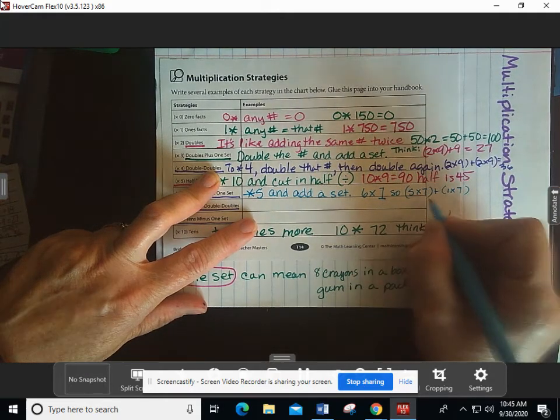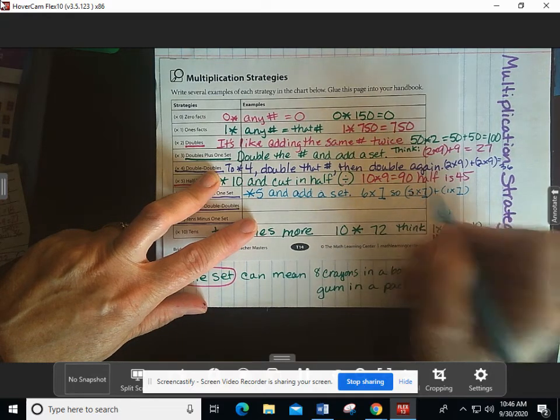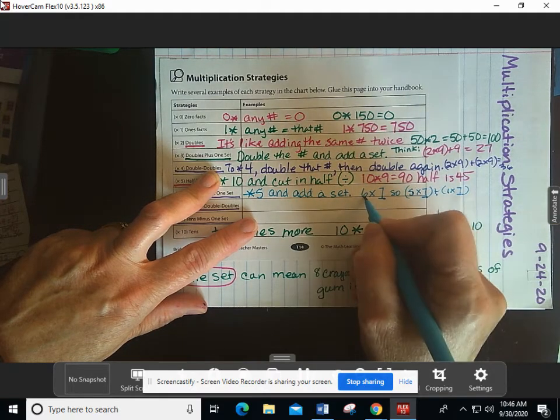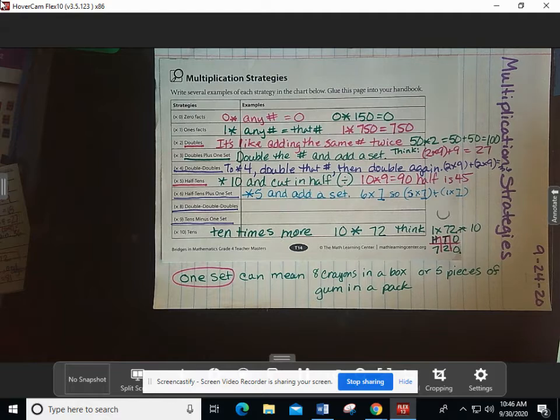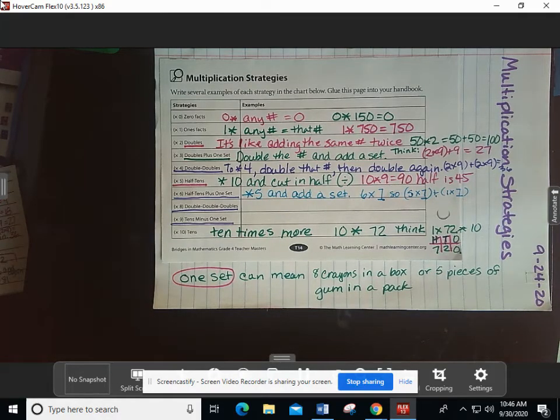See, here's our 7. There's our 7. Here's the 7 again. There's a 7. 5 plus 1 equals 6. This is how we are distributing the 6. The distributive property means that we take one number, we break it into parts, and then multiply it with the remaining numbers 2 different times or 3 different times.